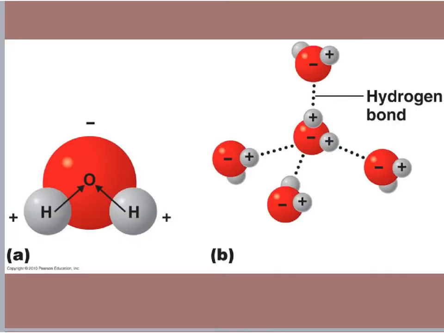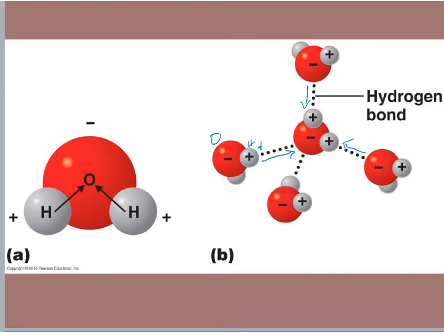We can see what happens when we put more than one water molecule together. Remember, this is hydrogen and that's the oxygen. The positive end of one water molecule is attracted to the negative oxygen end of another. So this is one of the things that gives water its properties, right?